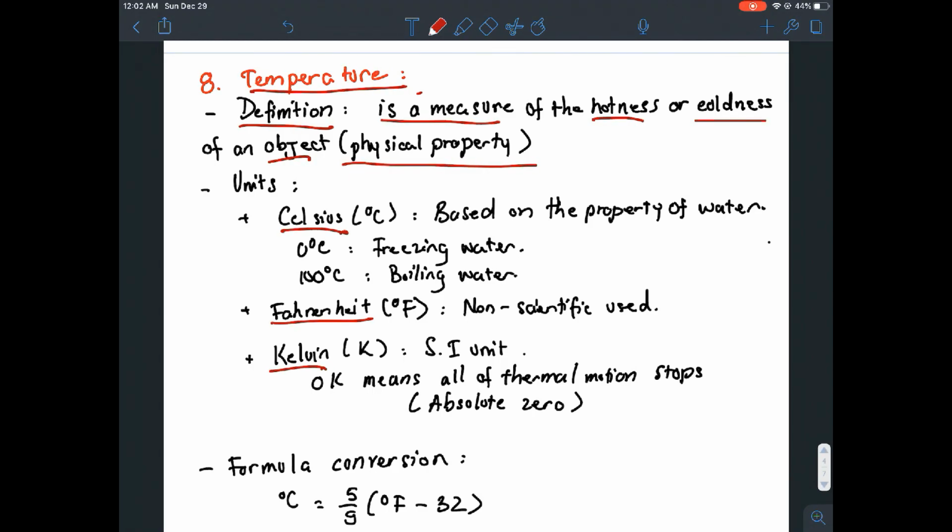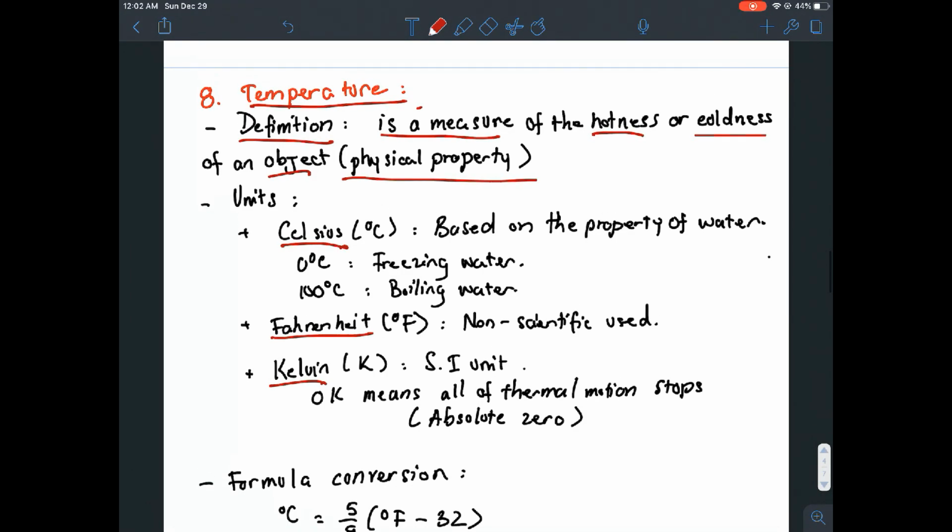Why did they come up with the Celsius? It's actually based on the property of water. At 0 degrees Celsius, we have freezing water, while at 100 degrees Celsius, we have boiling water. Hence, they came up with degrees Celsius based on the property of water.